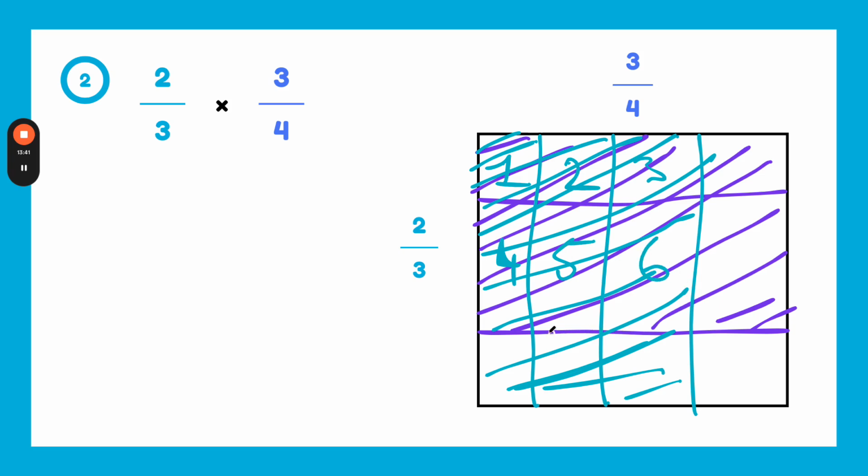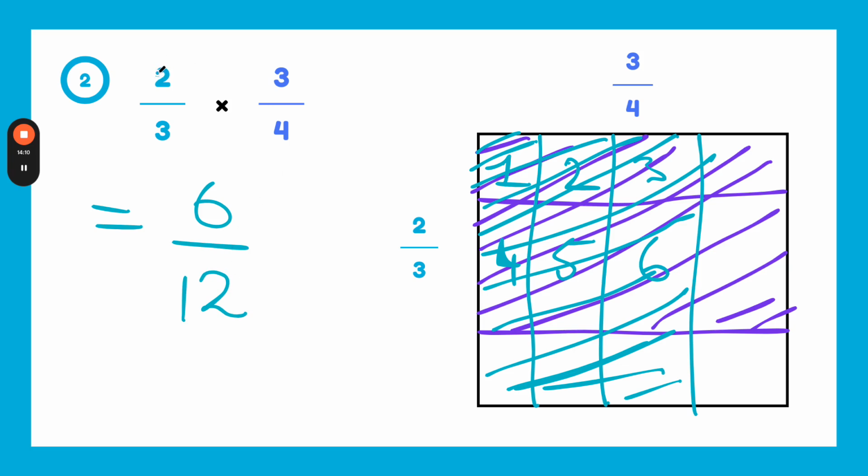There's 6 pieces that have an overlap, i.e. they both have a purple and blue shading. So our numerator of our answer would be 6 out of how many pieces altogether? 1, 2, 3, 4, 5, 6, 7, 8, 9, 10, 11, 12. So it will be 6/12 is our final answer.